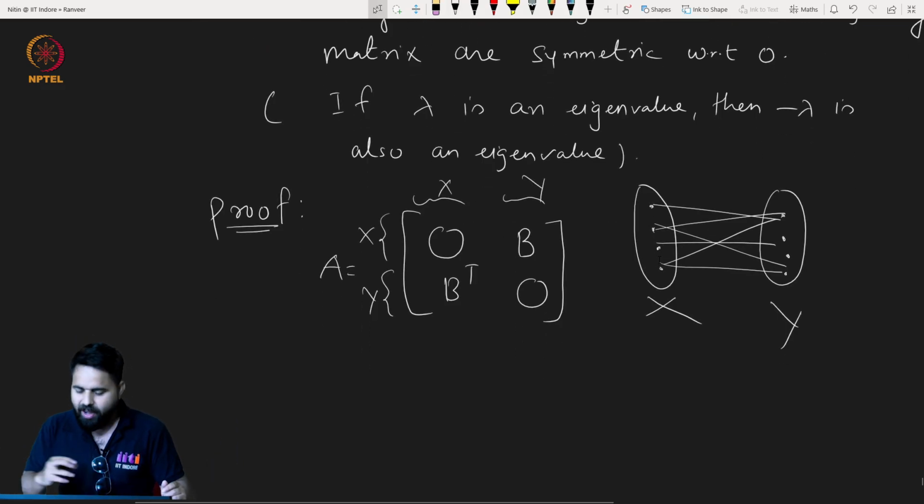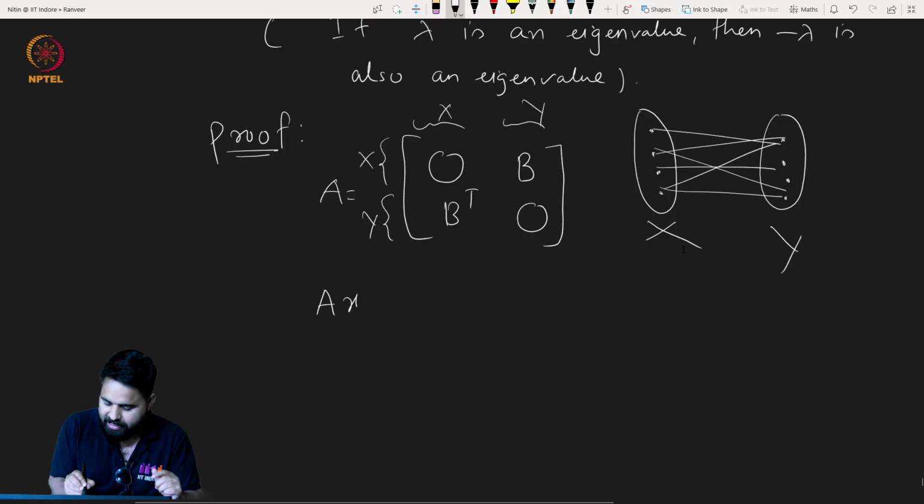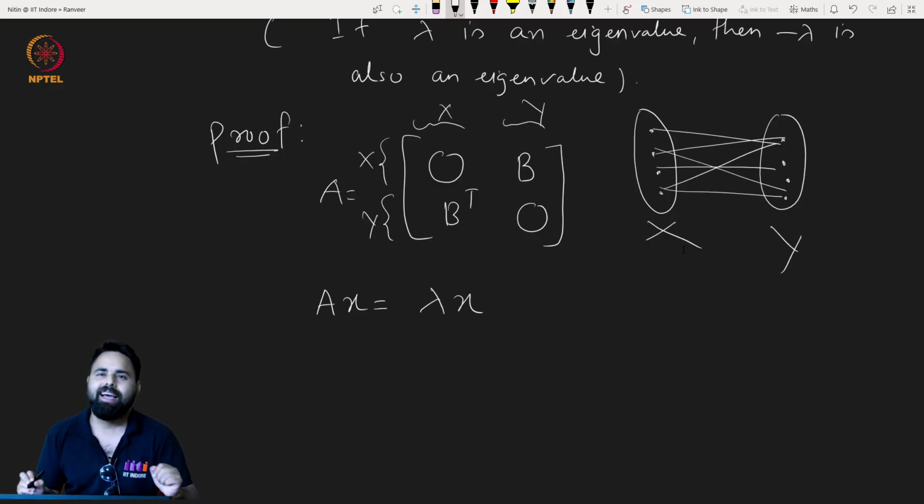Now let us choose an eigenvalue and corresponding eigenvector. Suppose Ax is equal to lambda x.